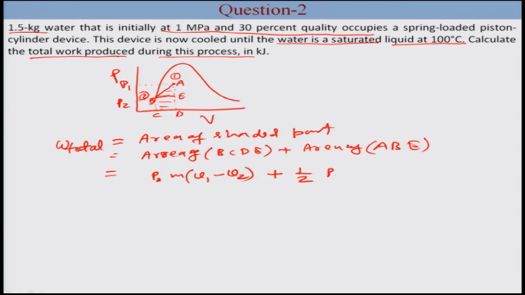So AE is nothing but P1 minus P2, and BE is total change in volume, so mass times change in specific volume. So this gives an expression for total work during this process.